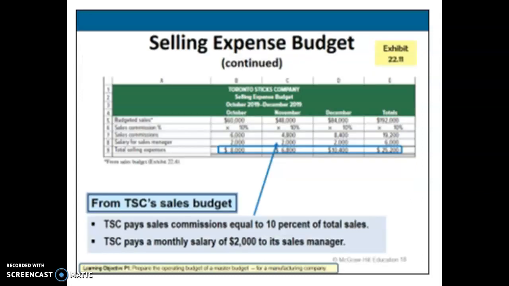So here's the selling expense budget for Toronto Sticks Company. They pay a sales commission equal to 10% of total sales, and they have a fixed salary of $2,000 for their sales manager. That's added to get the total selling expense for each month.